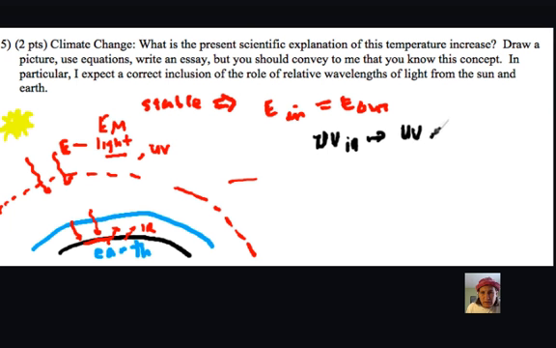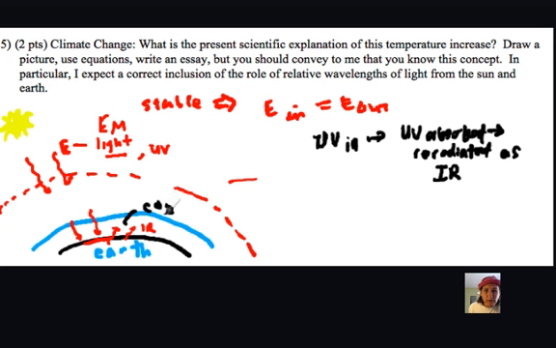The UV is absorbed and then re-radiated as infrared.